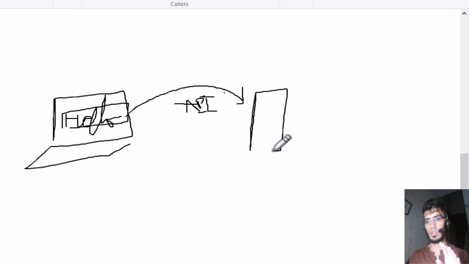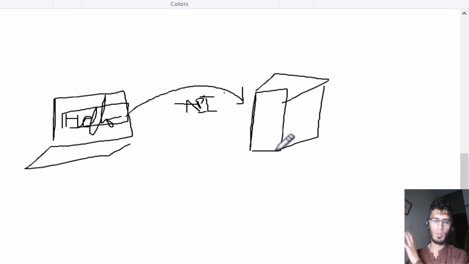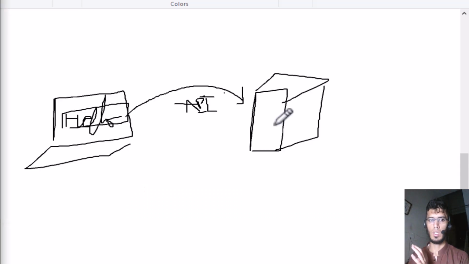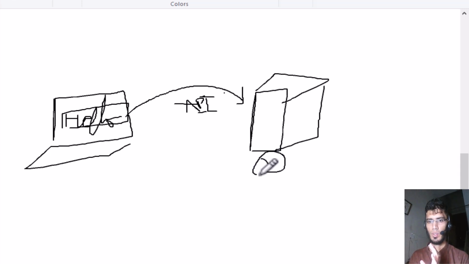I am not going towards the application load balancer; that is for the next lectures. Here consider there is one server, and it will receive this message.